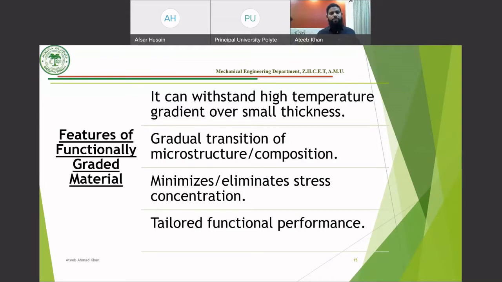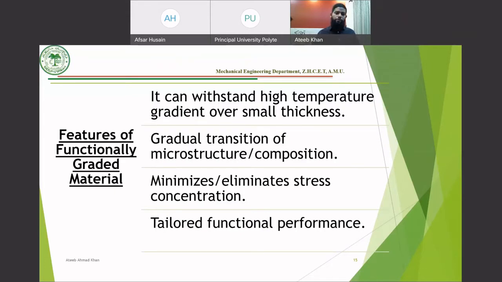And the fourth one is tailored functional performance. As I told you, the change in composition is governed by a function, and if you change that function, the change in composition will also change, and that's how you can tailor the performance of your functionally graded material. You can change the volume fractions of one material to change the performance of the structure.